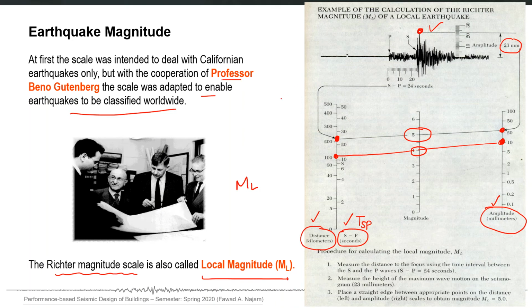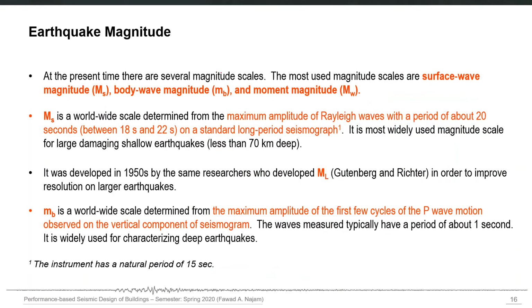So this was the very first definition of earthquake magnitude, and it is still in use. At the present time, there are several magnitude scales available. The most used magnitude scales are surface wave magnitude MS, which has a different definition, body wave magnitude MB, and also the moment magnitude scale.